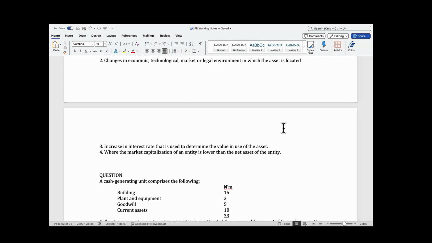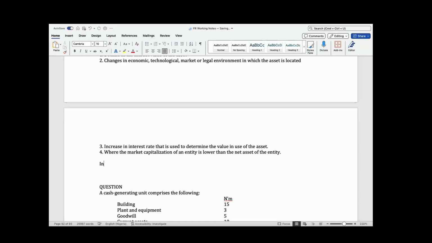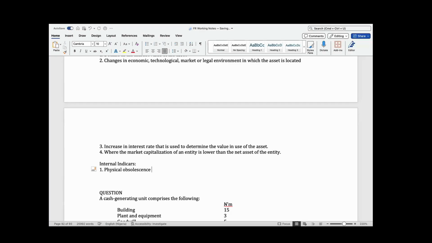So then there are also internal indicators. Number one is where there is physical obsolescence or damage on the assets.